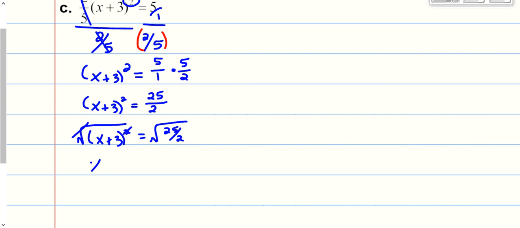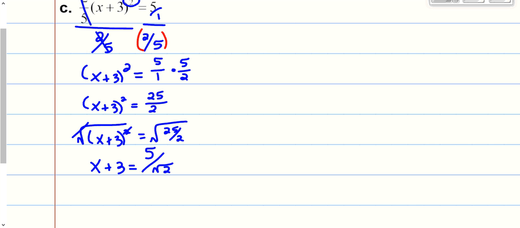And we have x plus 3 equals, well, right here, we have the square root of 25 over 2. I can break that up and take the square root of each one individually. So I have the square root of 25 is 5, and then I can't take the square root of 2. So I just have to leave it as the square root of 2.